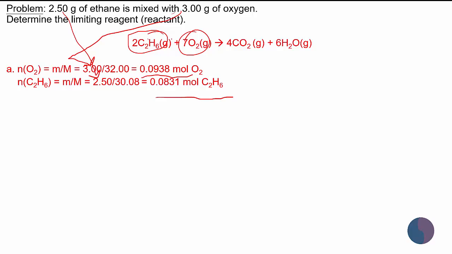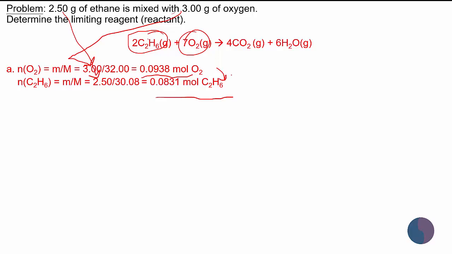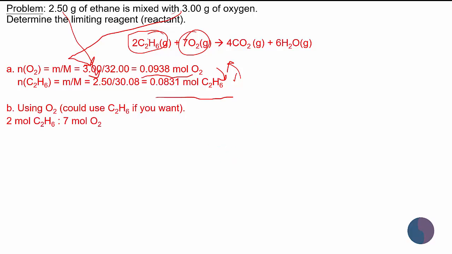So we choose now to either grab the oxygen and see how much ethane is needed, or we grab the amount of ethane and work out how much oxygen is needed. And it doesn't matter which one you choose. So here I've chosen to go for the oxygen. And so I'll do the ratios for that. So 2 moles of ethane to 7 of oxygen.